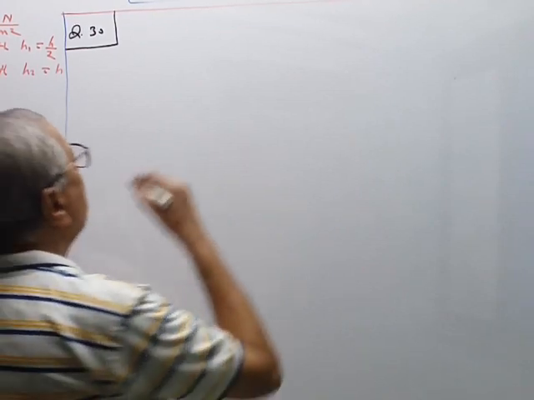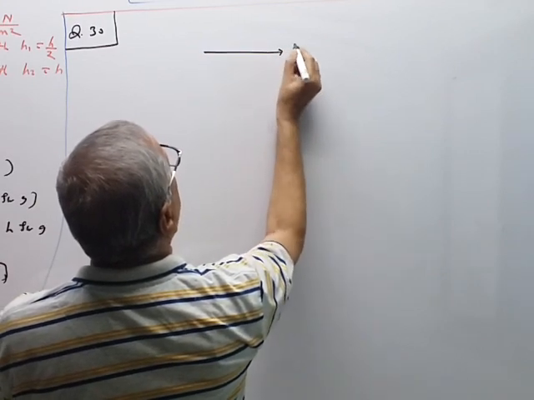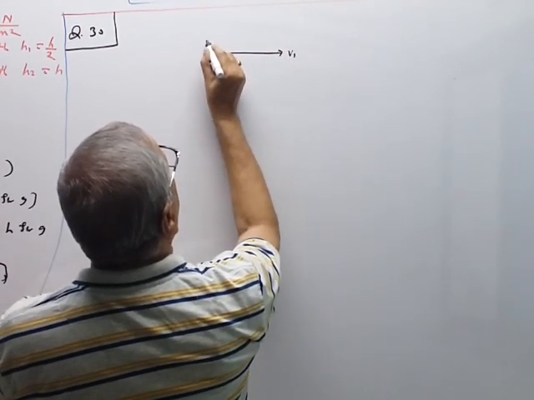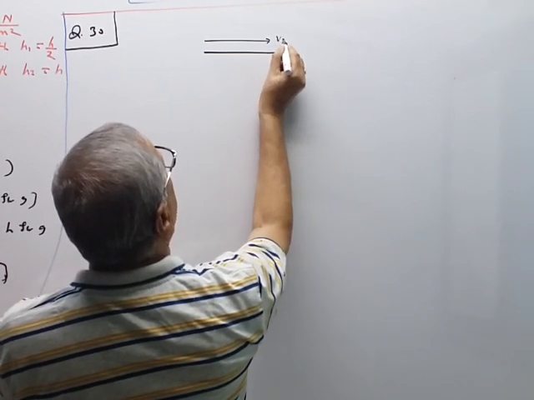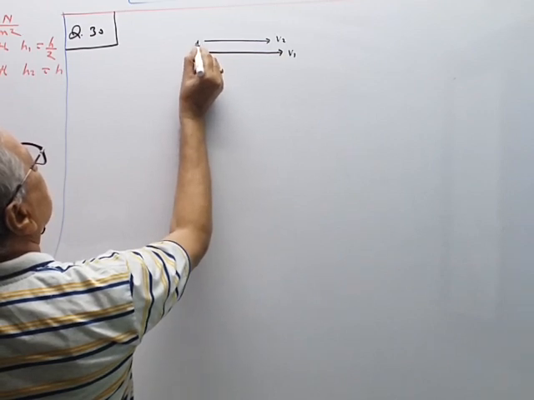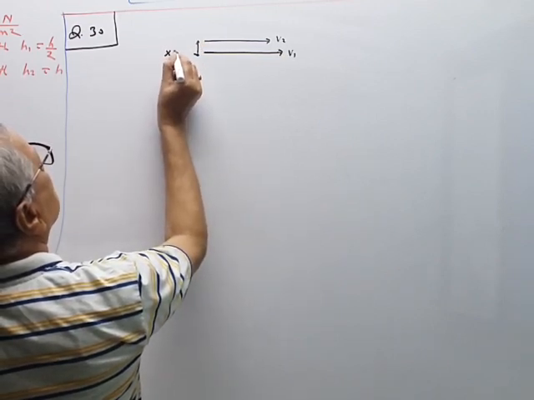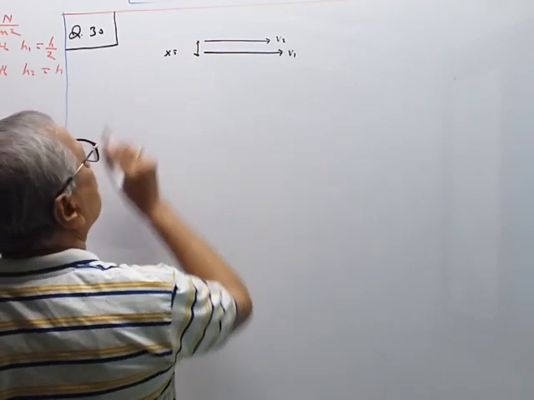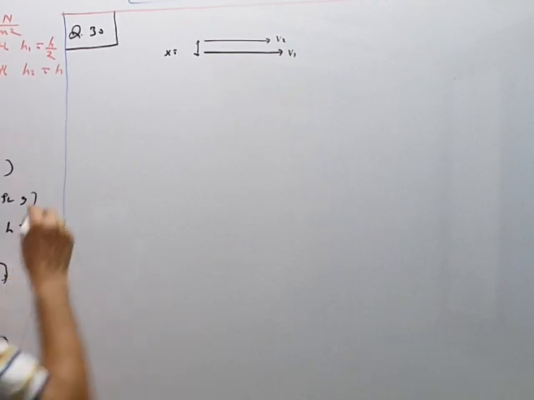Suppose this layer has the velocity v1, this layer will have less velocity. So this difference is dv, and this distance is x. The separation between the two layers is given as 0.1 centimeter.